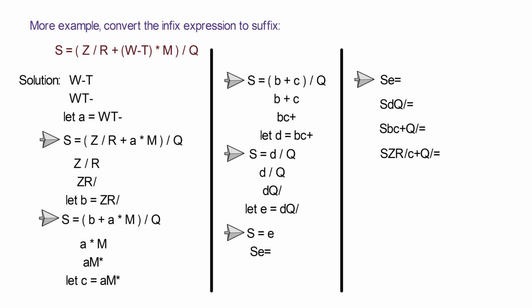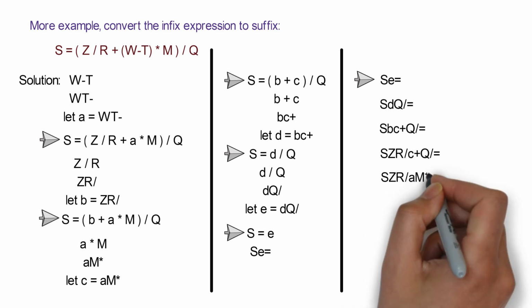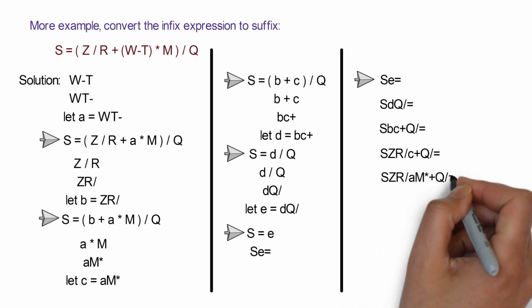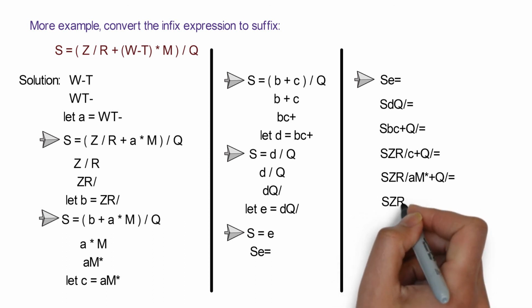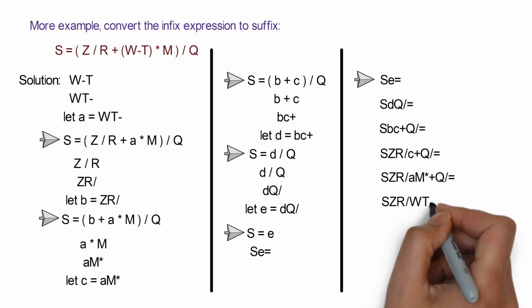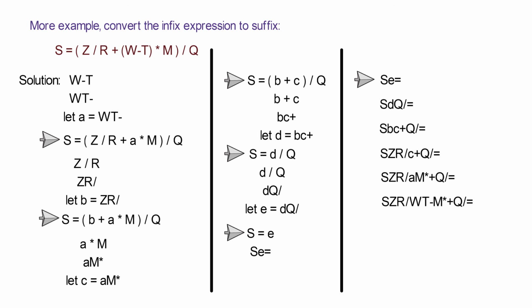Same goes to C, giving us SZR slash AM star plus Q slash equal to. Finally, we unveil A. So we have our final answer as SZR slash WT minus M star plus Q slash equal to.